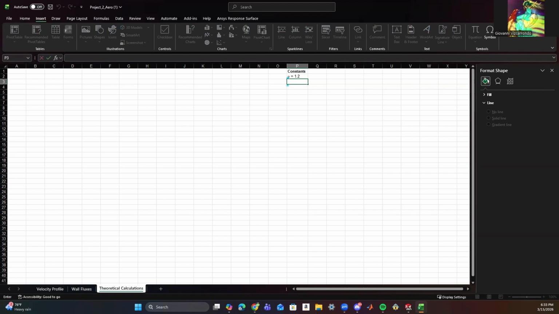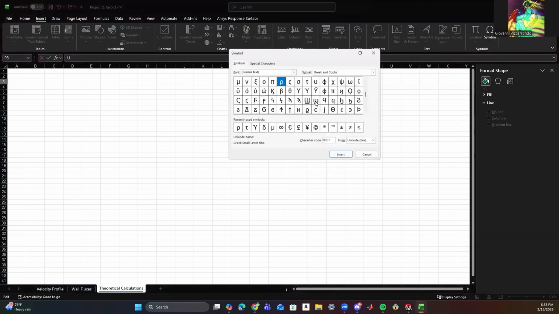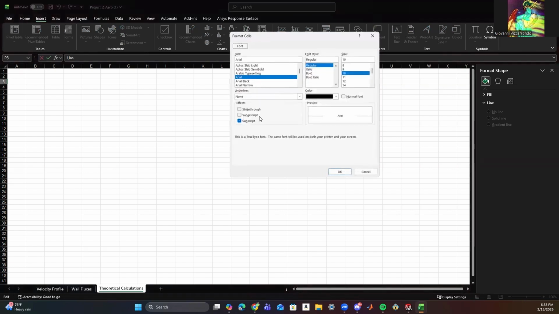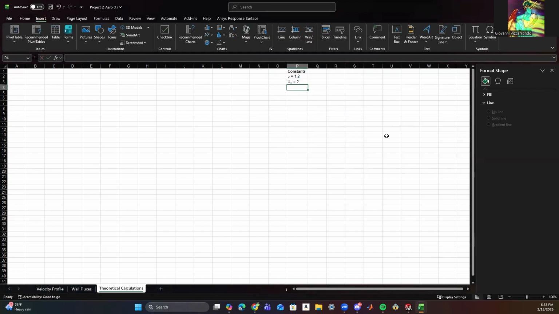And then we have, I'm just looking at the problem right now, our velocity U infinity, with a subscript infinity. I just want this to look nice. And again, equal to 2 meters per second, but I'm just going to leave it as 2.